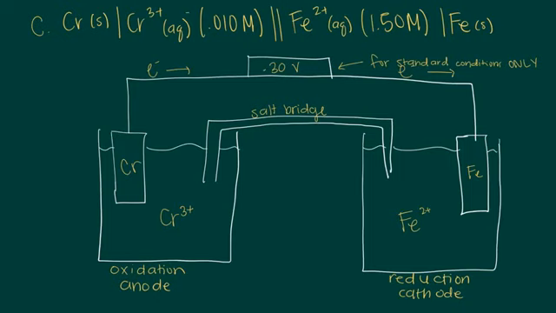And since this is a voltaic cell, we know that the anode is negatively charged and the cathode is positively charged. So from this diagram, we can determine that the chromium electrode is on the anode side, and it has the negative charge, or the negative terminal end of the voltaic cell.